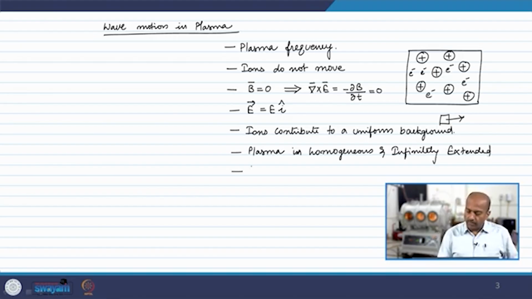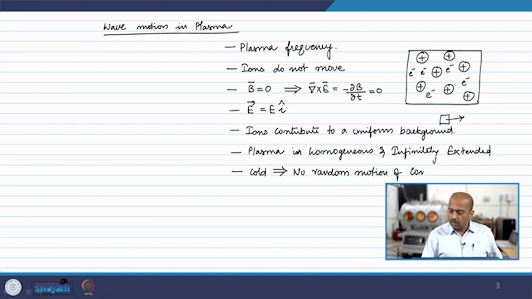And finally, we assume that the plasma is cold, which means there are no random motions of the constituent particles.